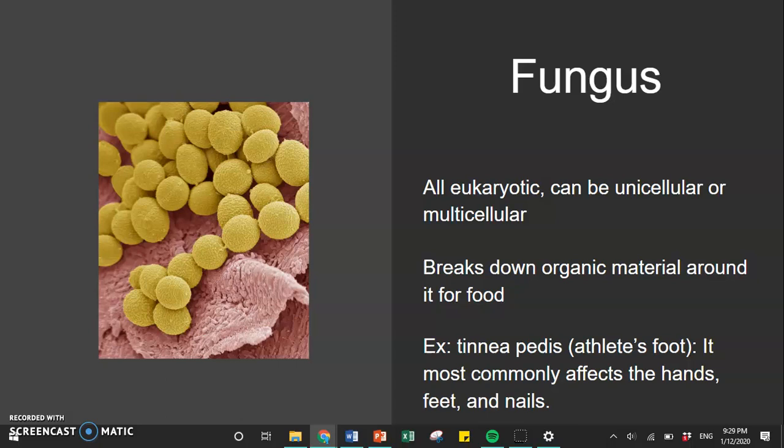So if you had a fungus on the ground, like a mushroom, it would be breaking down leaves on the surface of the forest floor, wherever it was.